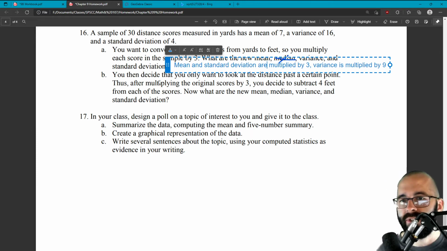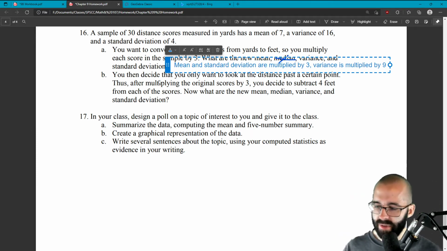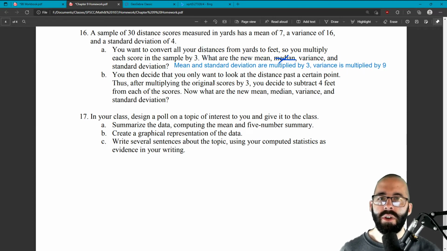This problem is actually kind of a fun problem. It's a little bit outside the scope of this class, but here it is. So what if we subtract 4 feet from each of these data values? We're moving all of our data 4 to the left, subtracting 4 from all of these. What happens to these things?